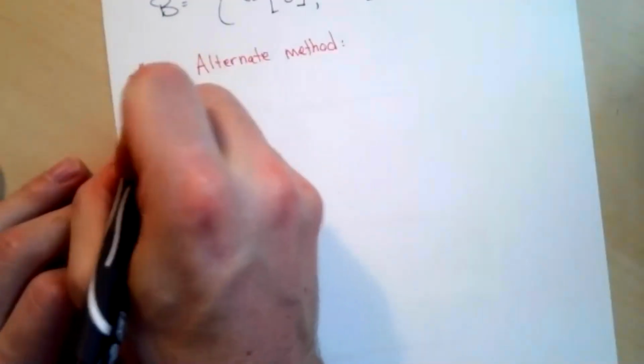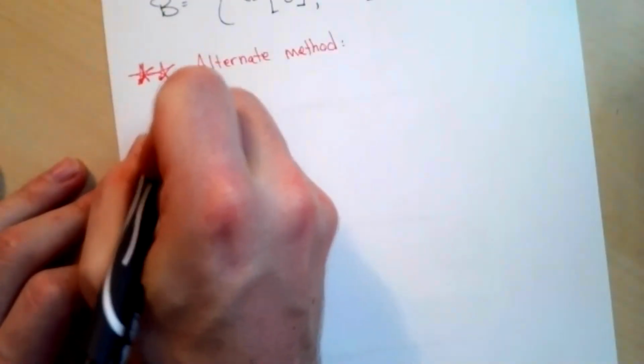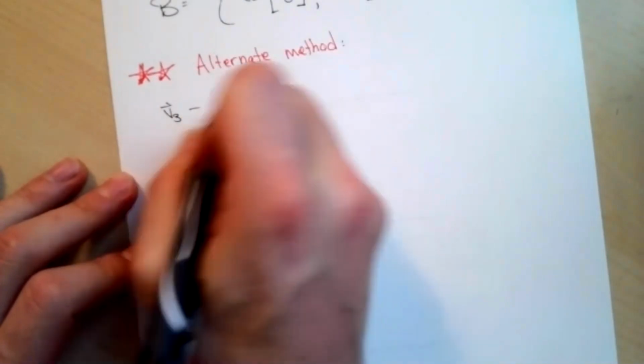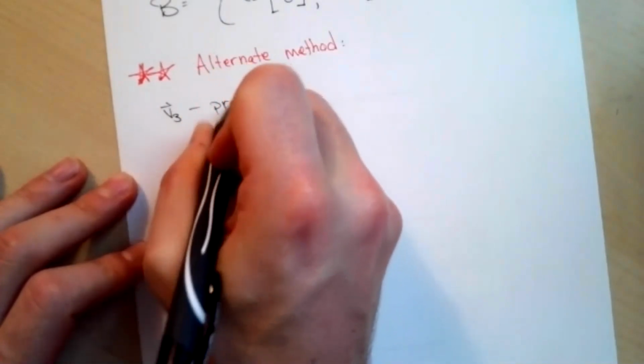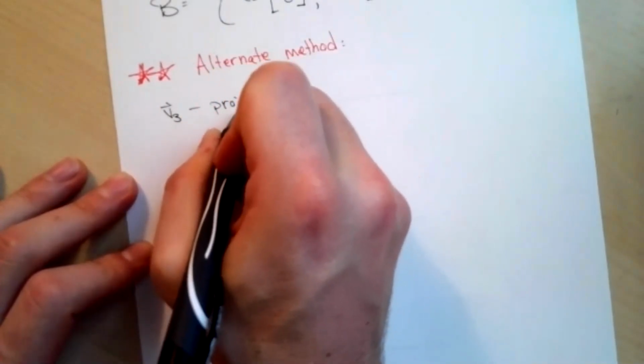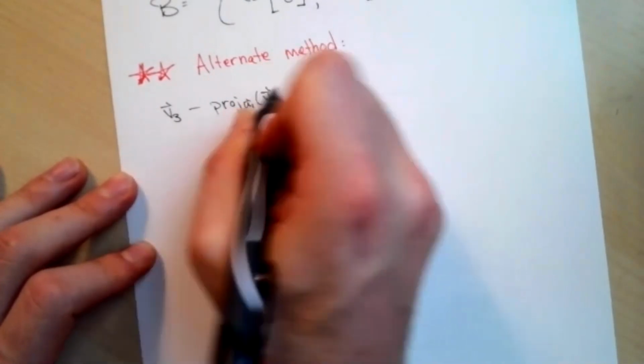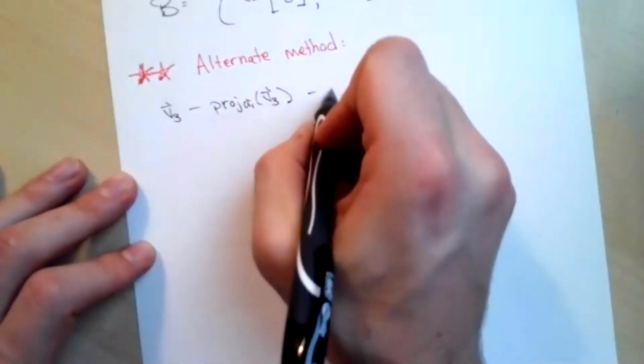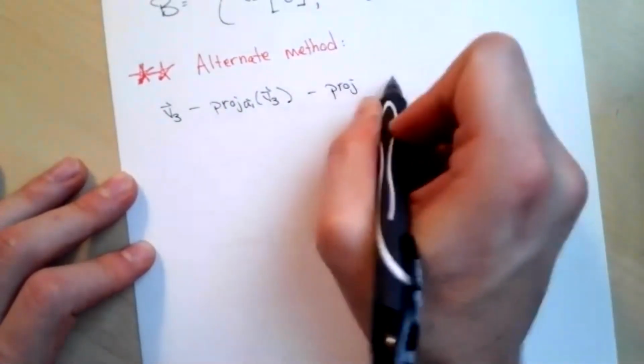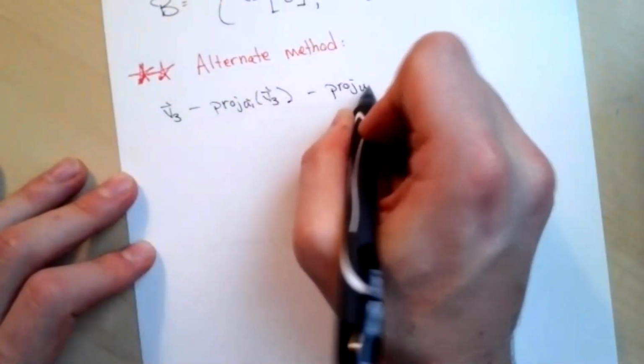It is to take v3, subtract off the projection onto u1, and subtract off the projection onto u2.